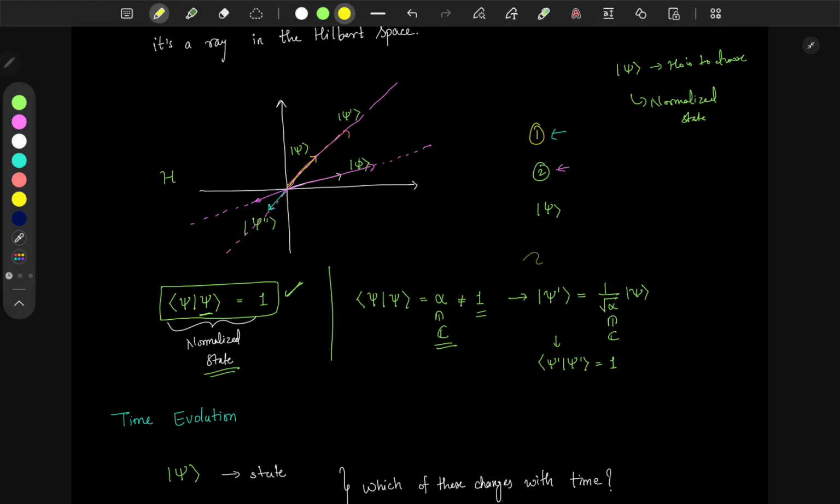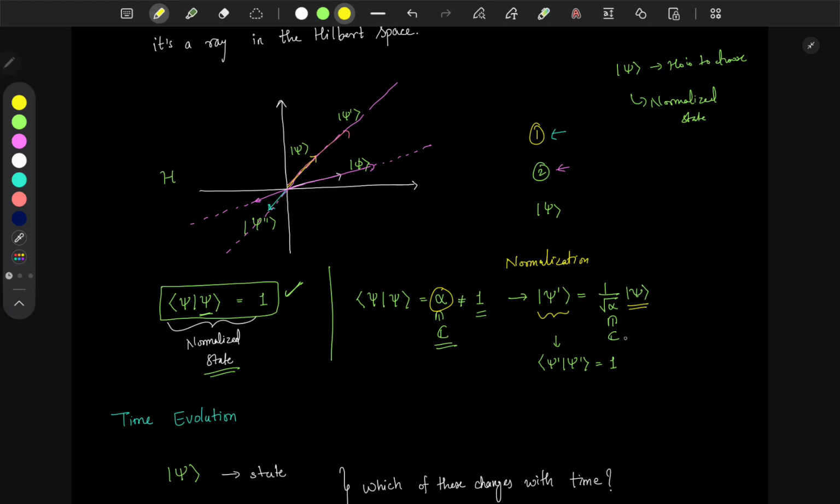This is what we call normalization, and it's really simple to normalize a state. You are given the number alpha, so you define a different vector psi prime using this psi: you multiply psi by 1 over the square root of alpha.